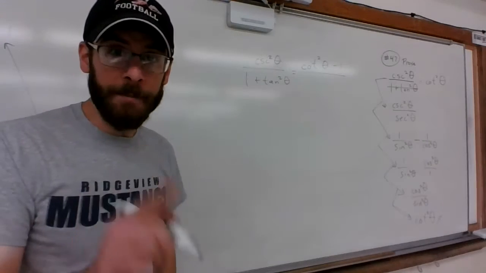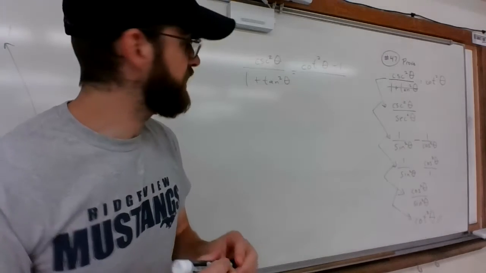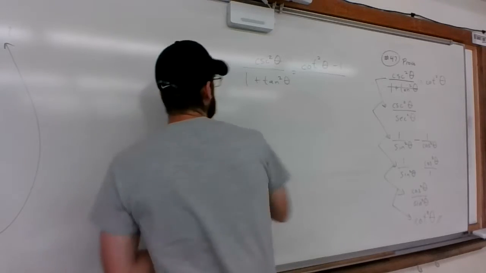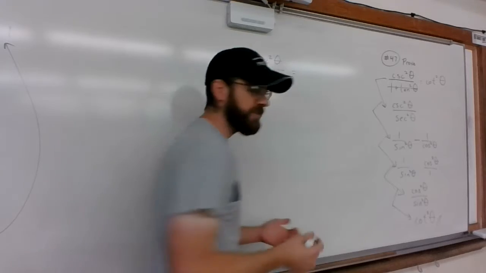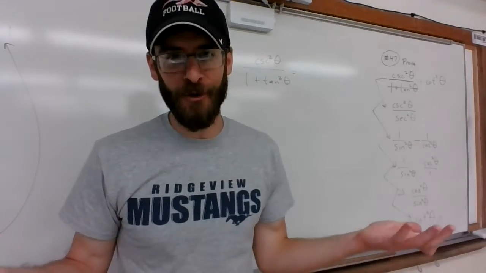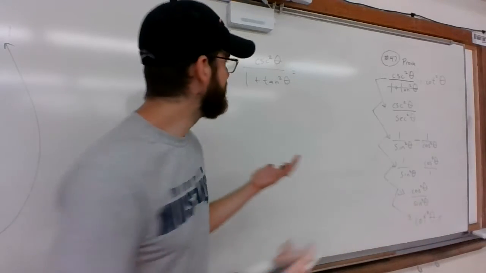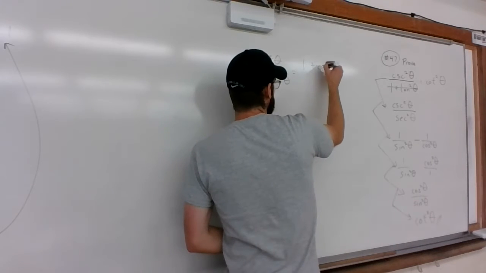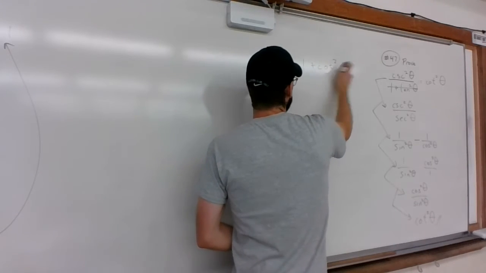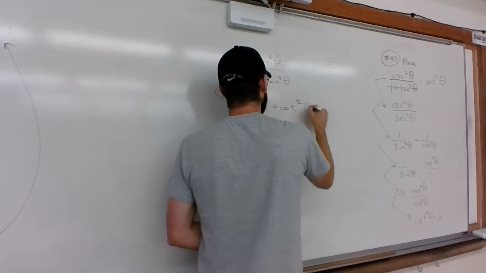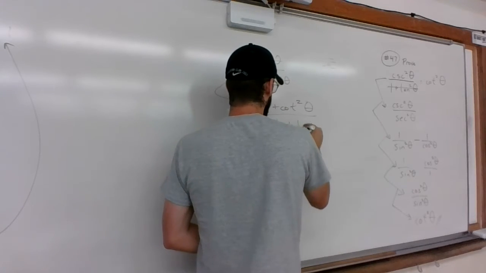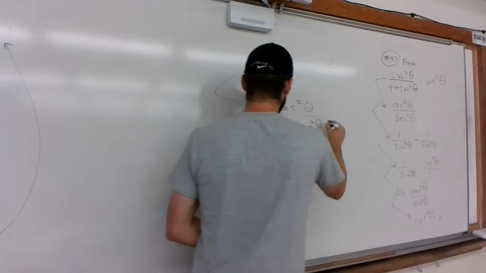Yeah, it's 1 plus cotangent squared equals cosecant squared. Isn't it? Right when I take down the formula sheet is when I need to verify it, right? So it's 1 plus cotangent squared over 1 plus tan squared.